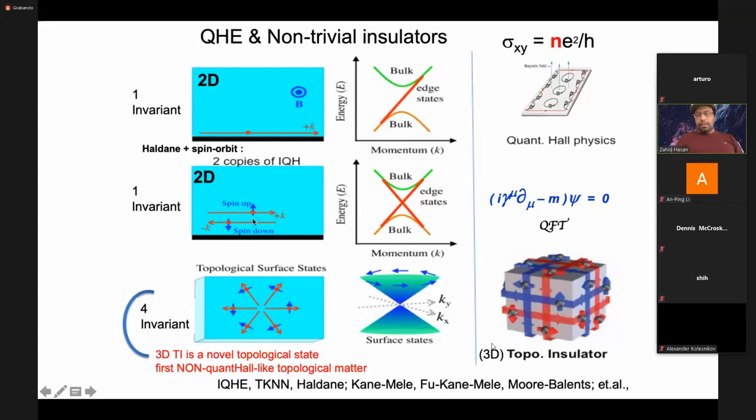Now, there is an additional reason to be so excited, at least experimentally. In fact, both experimentally and theoretically, because now we can see that all the 2D topological states, say a Chern insulator, like integer quantum Hall, the original Chern insulator, and the Z2 or quantum spin Hall insulator, you can describe in some sort of generalized Hall physics, Hall effect type of thing.